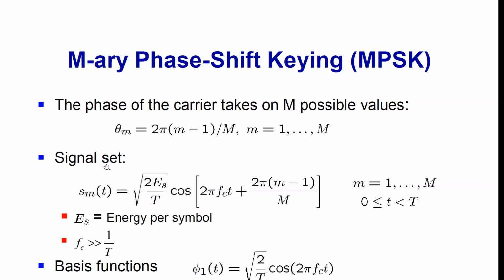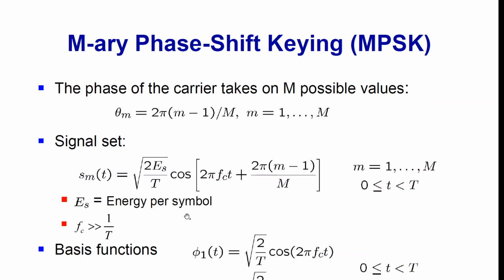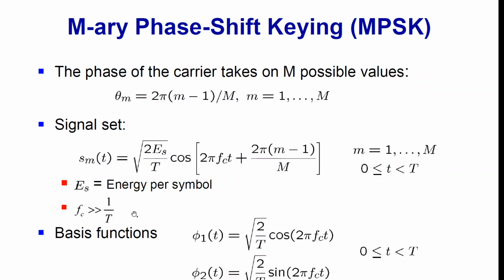So I can write the signal set as s_m of t equal to root of 2 Es by T cos of 2 pi fc t plus 2 pi by M into m minus 1, where m is equal to 1 to capital M, and Es is energy per symbol. So understand that Es is energy per symbol; energy per bit was Eb.